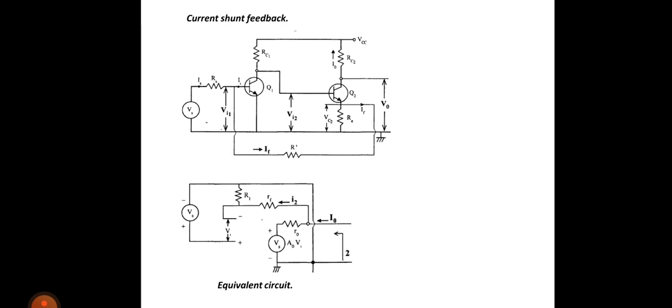Output is taken at the collector, therefore current, and this feedback element is connected back to the input. So current shunt feedback. Following those steps, you analyze the circuit and find the gain. Output is current, input is also current, therefore it is a current amplifier. Therefore AIF equals AI divided by 1 plus AI into beta.